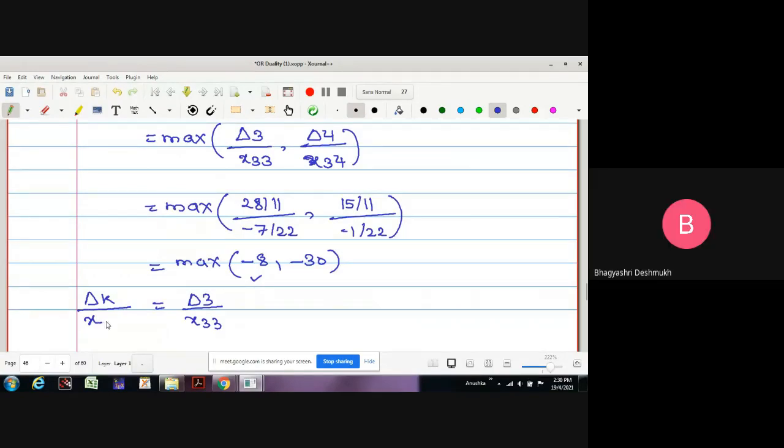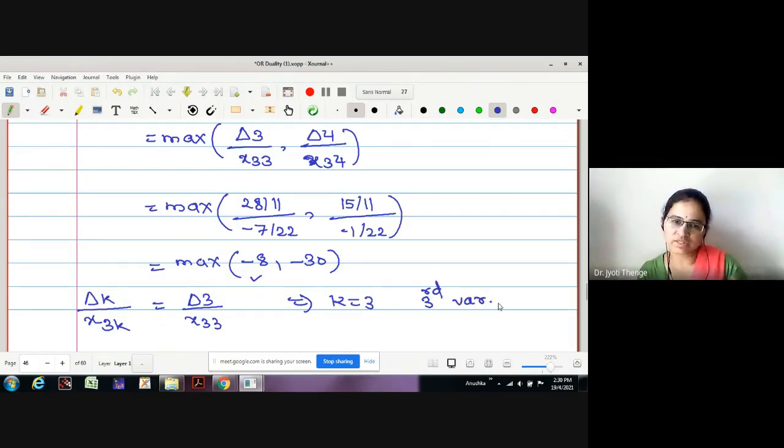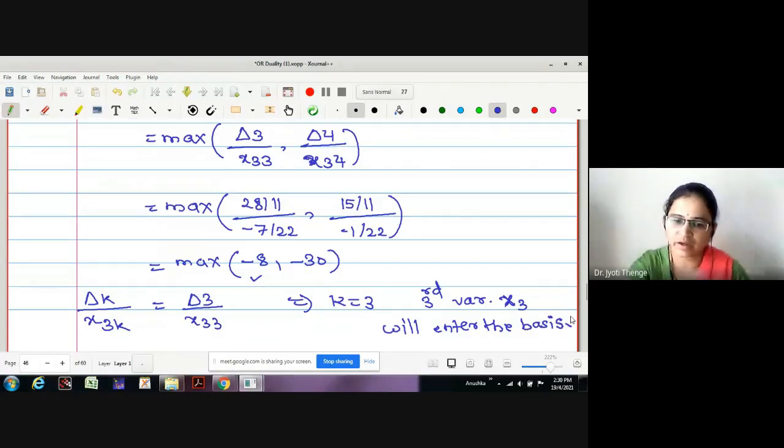Yes, ma'am. What is the value of k you have obtained? 3. k is 3, that is the third variable. What is the third variable? x3, no? It will enter the basis. Correct?